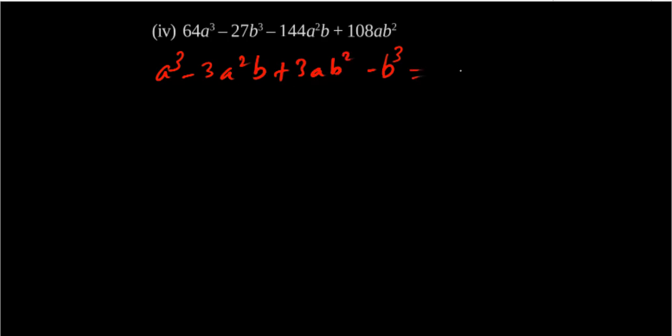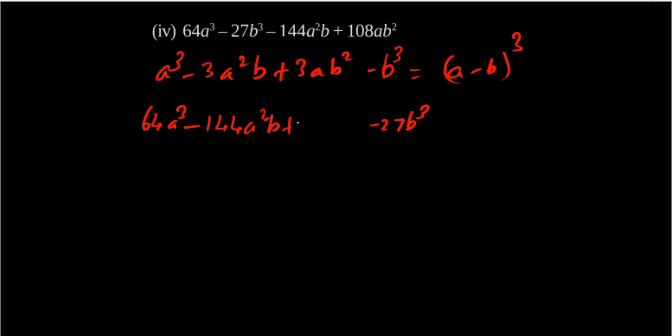This identity is a minus b the whole cube. Now let me match our given problem with the identity. So 64 a cube, b cube will be minus 27 b cube, and this negative term is this one, minus 144 a square b, plus 108 a b square.